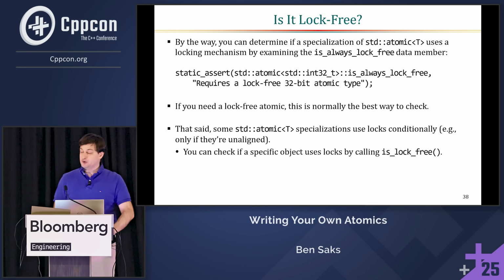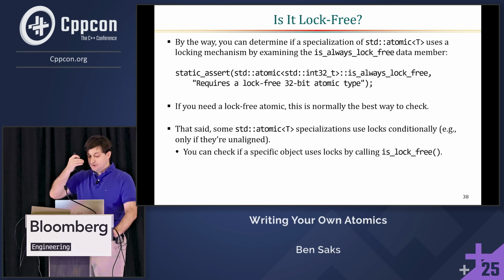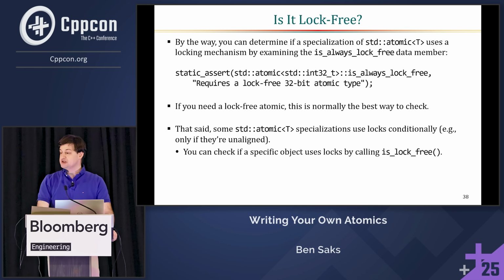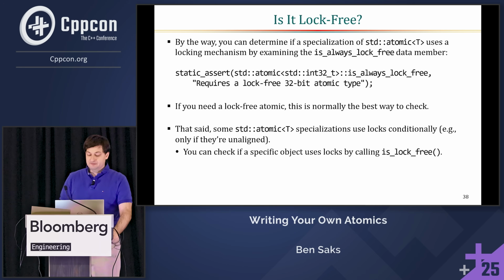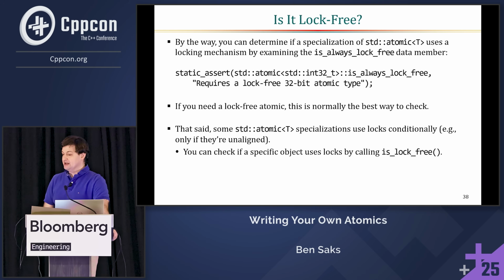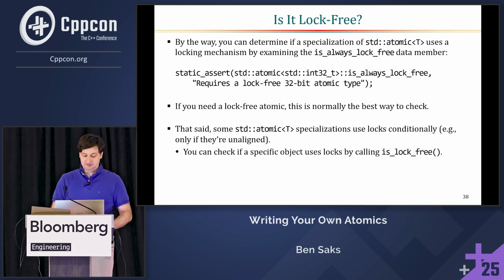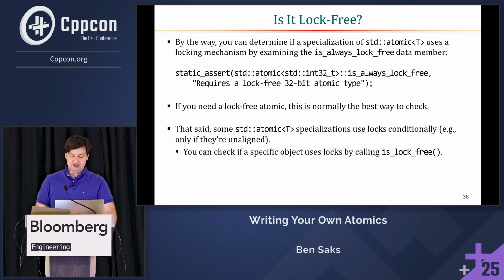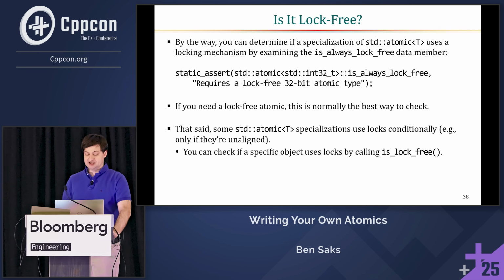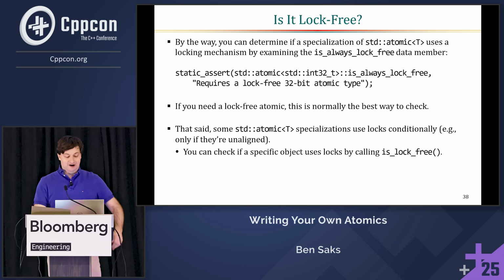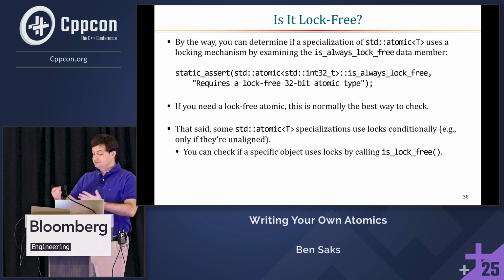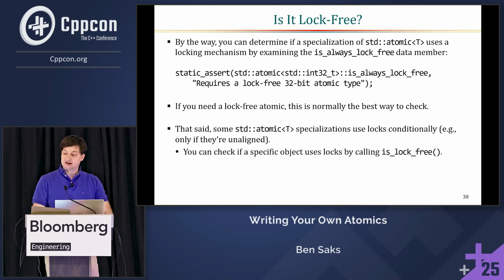By the way, when you are using std atomic, you can find out whether or not it is using a locking mechanism. Each one has this is_always_lock_free data member that you often see used in a static assert like this. So if I'm expecting that int32_t is going to be a lock-free atomic type on my platform, I can verify that by doing a static assert on that is_always_lock_free property.